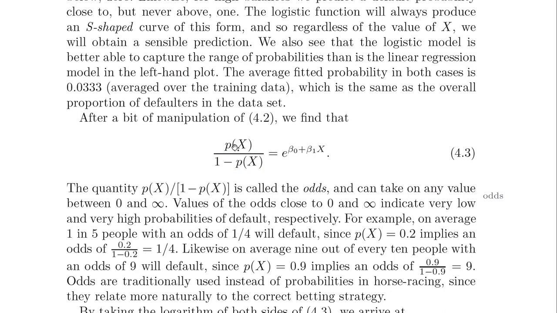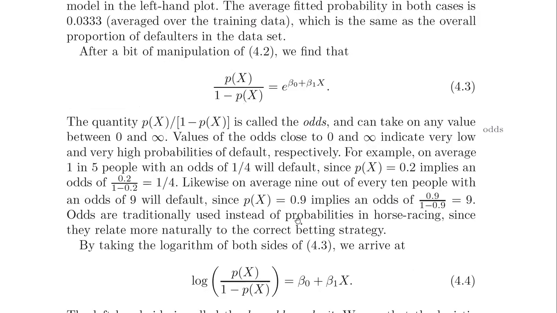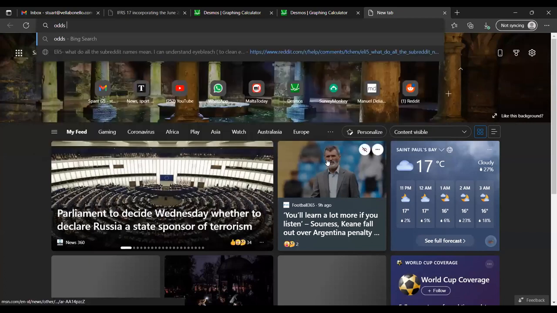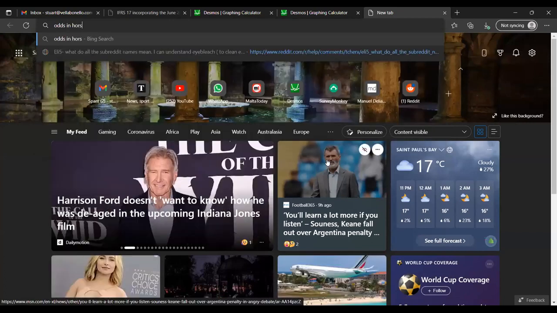Now, the ratio of the probability of default against the probability of not defaulting is called the odds. And you read this as a ratio. So, for example, if we go back over here, we see odds in horse racing.